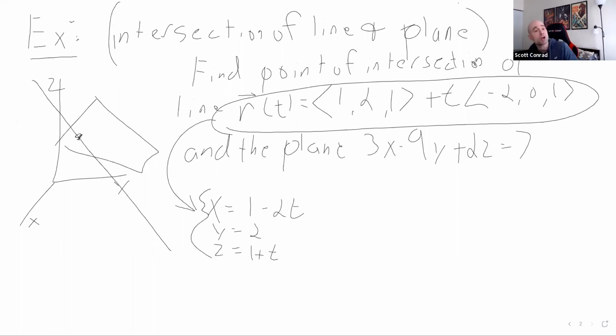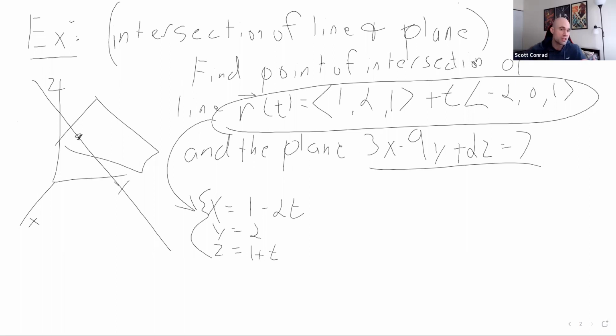So these are scalar parametric equations for our line. The line consists of the points x, y, z, for which x is equal to 1 minus 2t, y is equal to 2, and z is equal to 1 plus t for some value of t. And we let t go from negative infinity to positive infinity. So those describe all the points x, y, z on our line. And this equation describes all the points x, y, z on the plane.